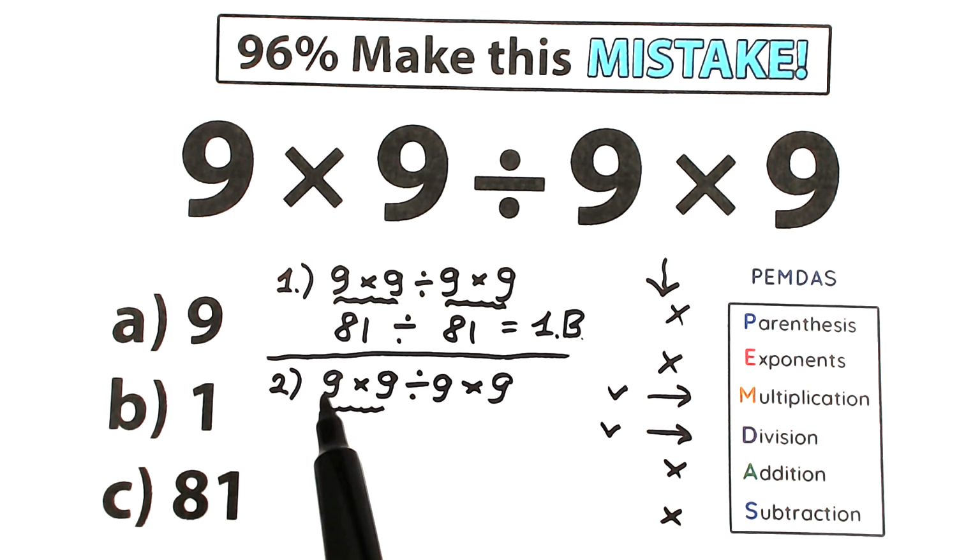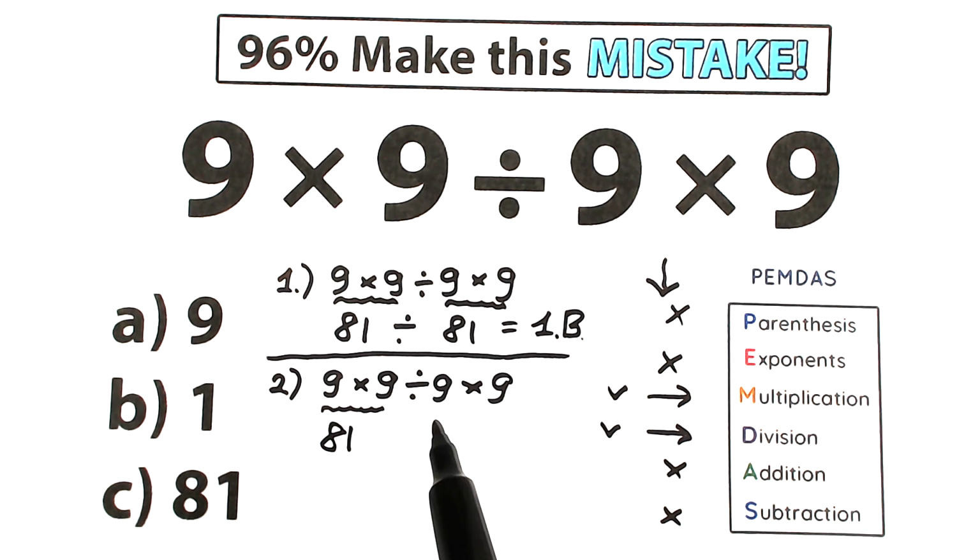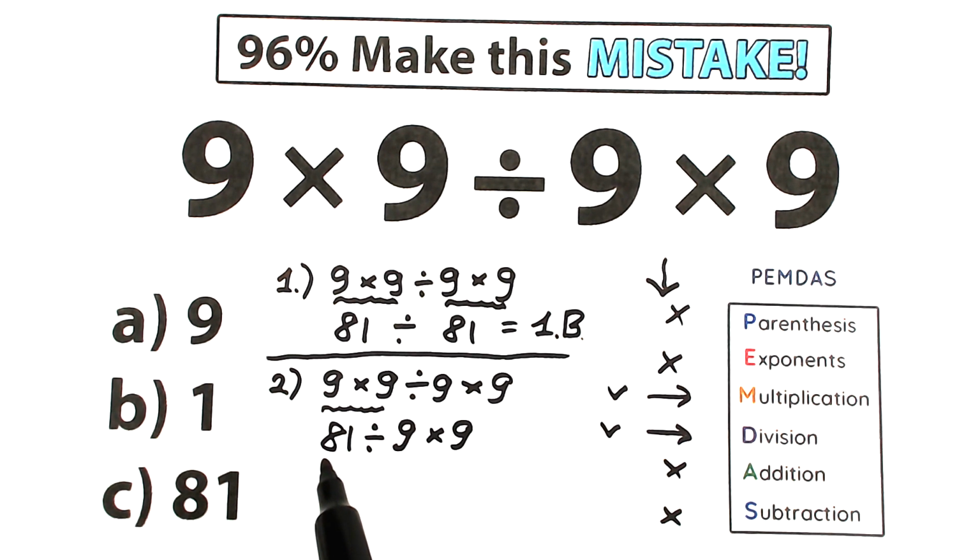So we multiply 9 times 9, which is equal to 81. It's the same step as before, but a completely different approach, because right here we rewrite the expression. Now we have the second step. Our first sign from left to right is this one, so we are not going to multiply 9 times 9 on the right.